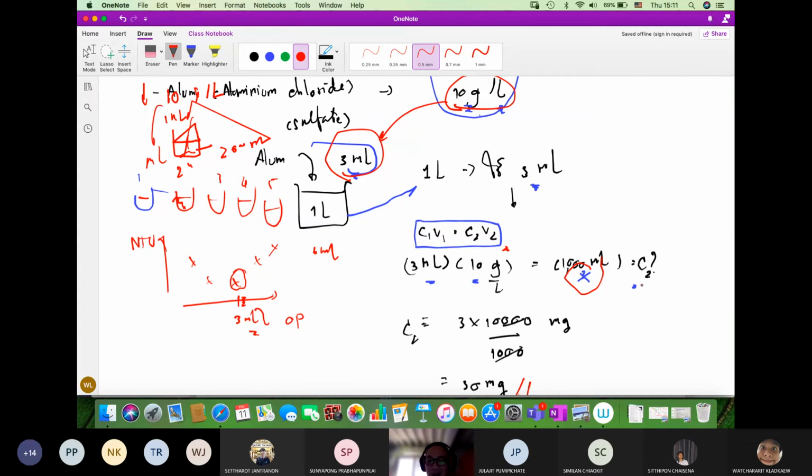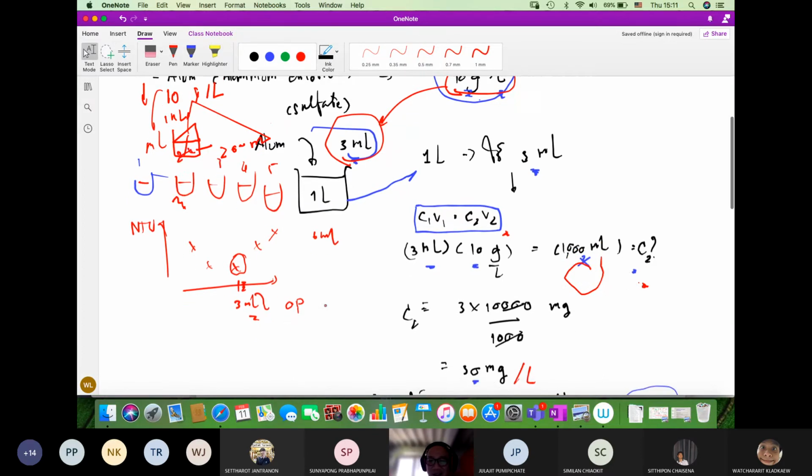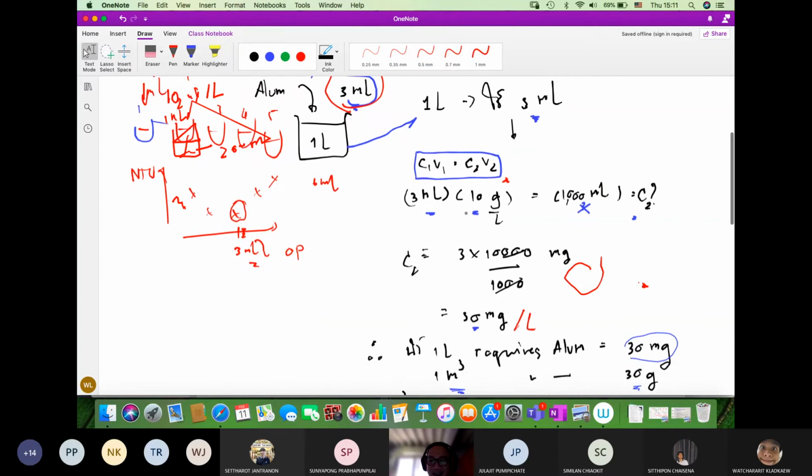So how much would it be in terms of weight for alum? We can find this from 3 ml of the 10 grams per liter. 10 grams per liter is 10,000 milligrams per 1,000 ml.